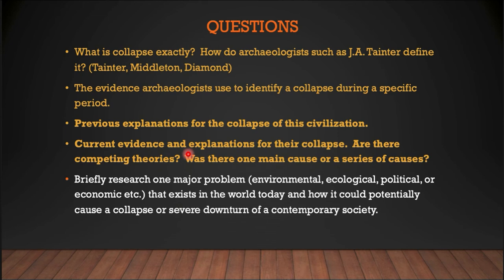Recently, archaeologists published a paper in this journal where they had climate data that they got from glacier cores and sea cores showing that there was a sharp decrease in rainfall in the 50 years before the collapse of this civilization. Right? That kind of thing.